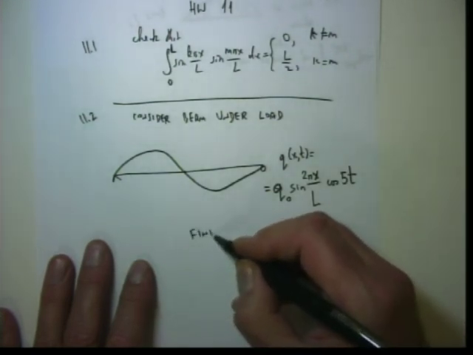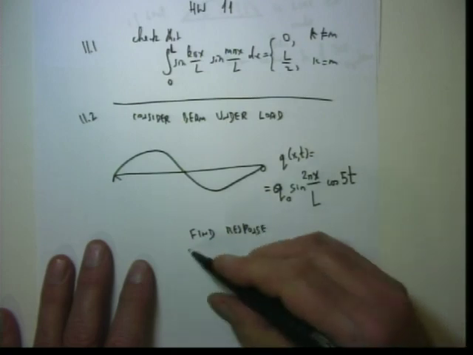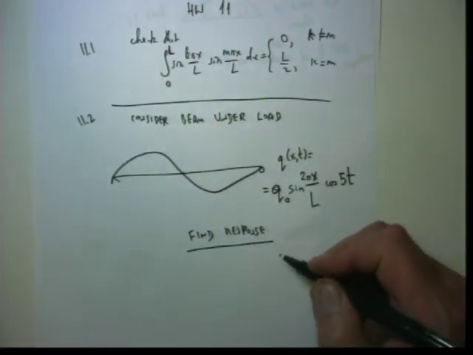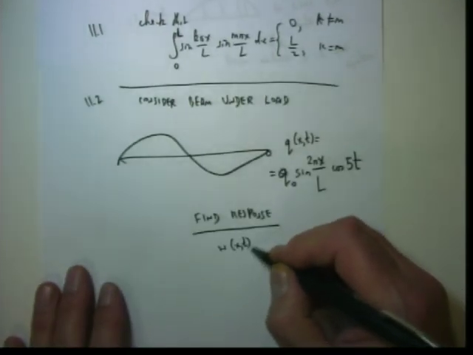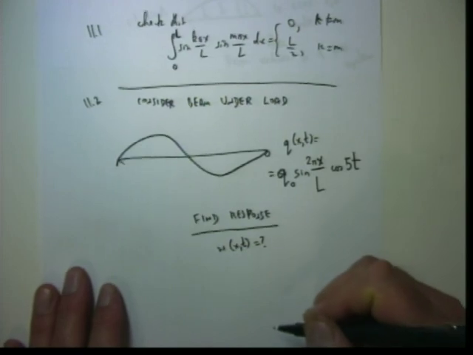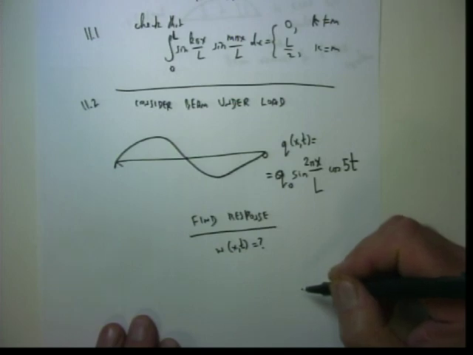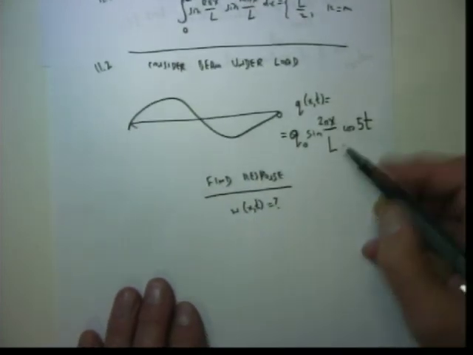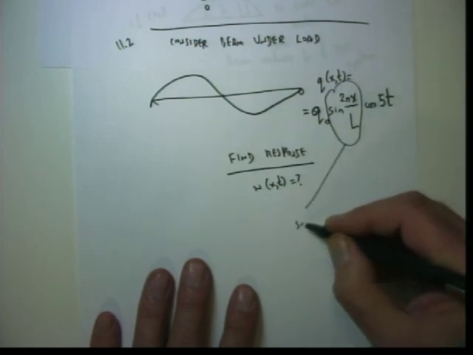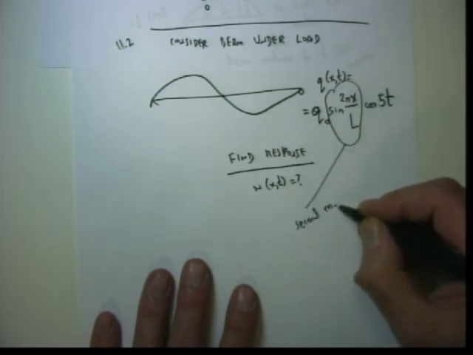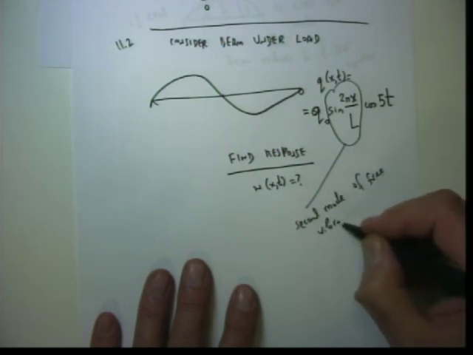Okay, find response. Which means find W of x, t. Yes, that is a mode 2. This is mode 2. Second mode of free vibration.